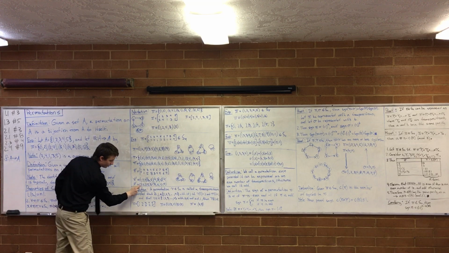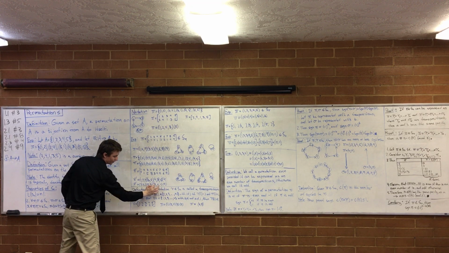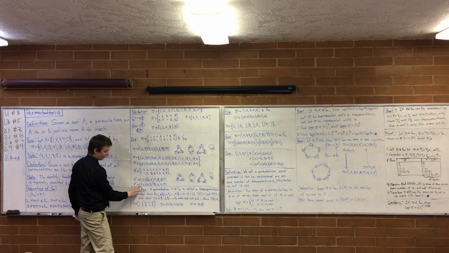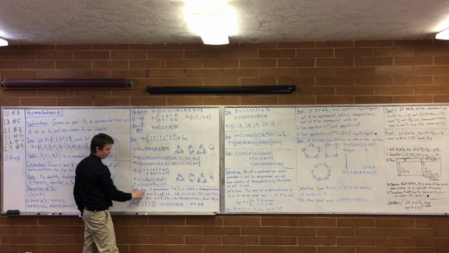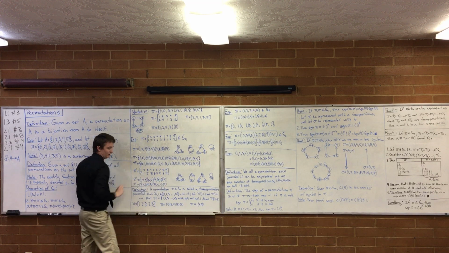The only thing that matters is, does 7 go to 2, goes to 1, goes to 7? Does 5 go to 3, goes to 5? Does 8 go to 6, go to 4, go to 8? And does 9 go to 9? So let's see, did we get the same thing? What does 7 go to? 2. What does 2 go to? 1. What does 1 go to? 7. Yep, that's good. 5 goes to 3, 3 goes to 5, that's good. 8 goes to 6, goes to 4, goes to 8, yep. 9 goes to 9, yep.